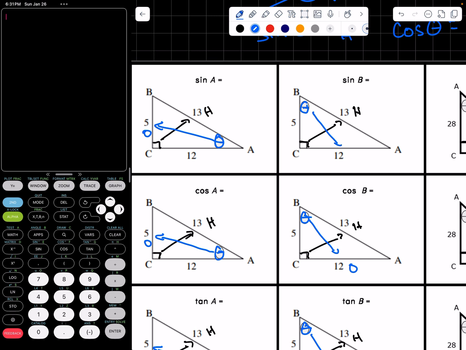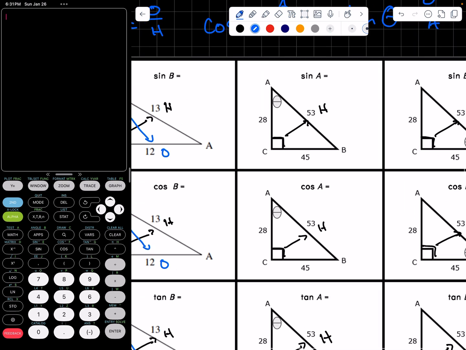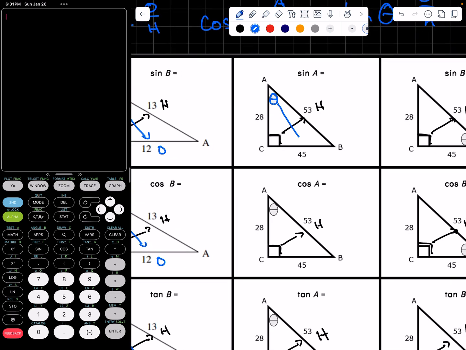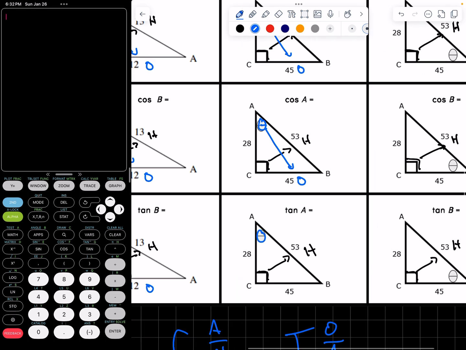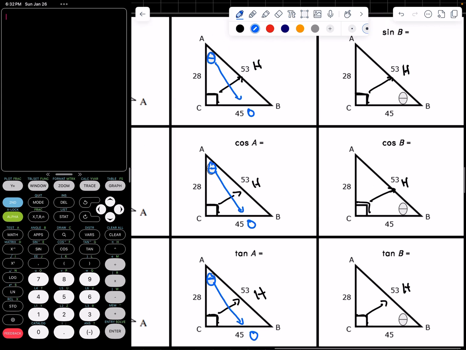But I'm just doing all of my opposites right now. Not a whole lot of thought here, just tracing that angle theta, drawing a line across, okay?